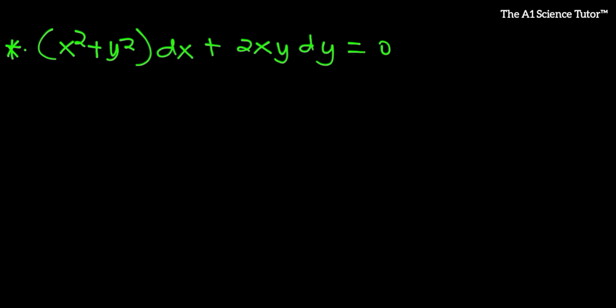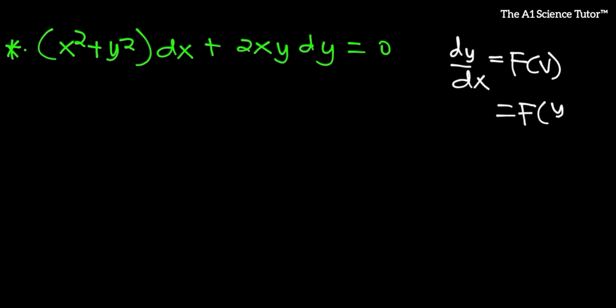So first off, let us write out some precedents. We know that dy/dx is the same thing as f of v, or is the same thing as f of y over x, right? Now we also know that the formula to be used is that v should be equal to y over x.